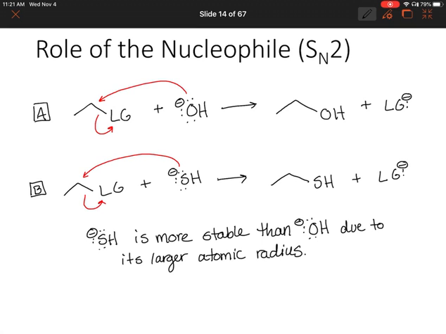Okay, so if SH minus is more stable, does that mean it's going to react faster than OH minus or slower than OH minus? Remember, if something's more stable, it has less energy, so it's not likely to want to move or react compared to something that is unstable and has high energy.